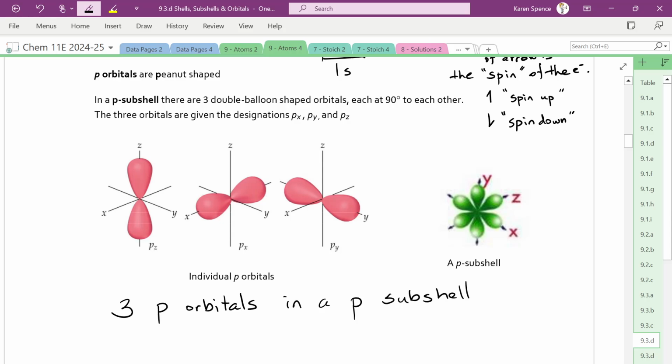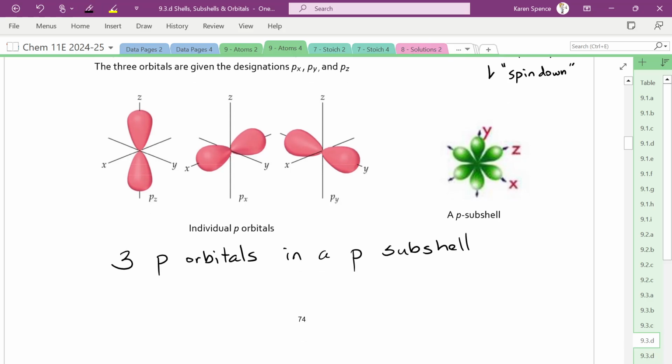So if we were to have, let's say, energy level 2, n equals 2, we would have 3 orbitals that all have equal energy.